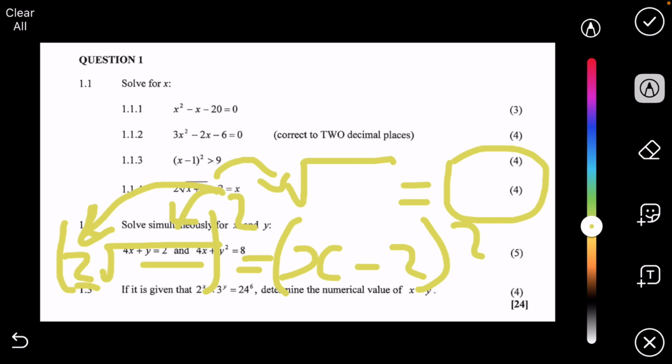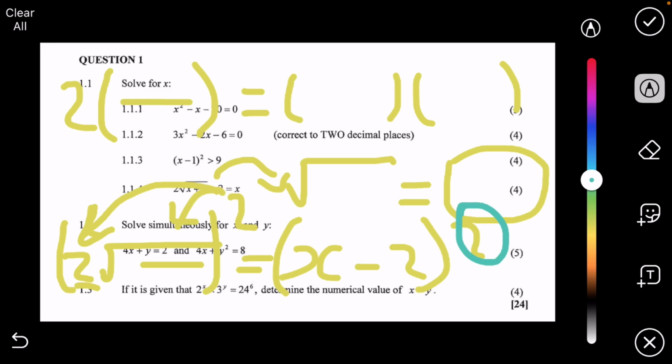As soon as you have removed the square root, you've got 2 squared into whatever was inside the square root, and again you've got 2 of this. Remember, because of that square, you've got 2 of those, which is x minus 2, x minus 2.